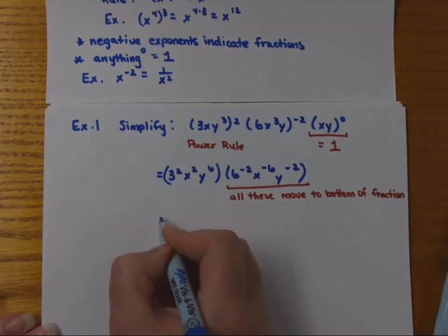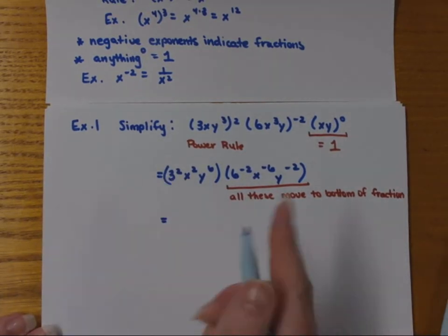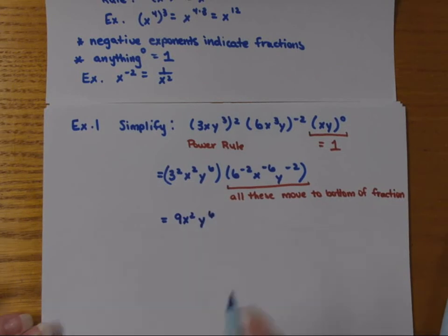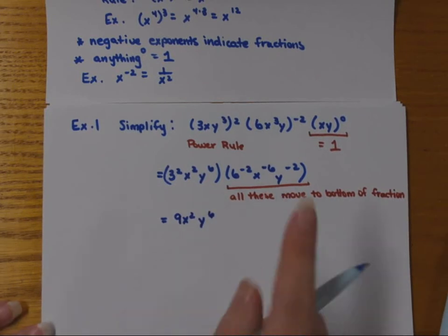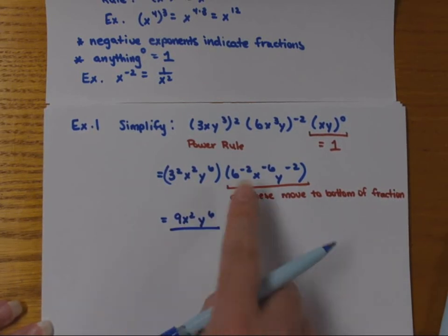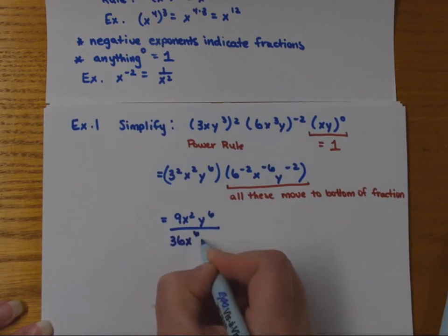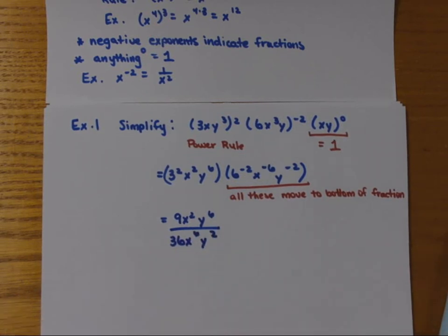Okay, so let's see what we have here. First of all, 3 squared is 9, so I have 9x squared y to the 6th. But then all of these got moved to the bottom, right? 6 squared is 36, x to the 6th, y squared. Again, they moved to the bottom because they were negative exponents. Now I can do this a piece at a time.